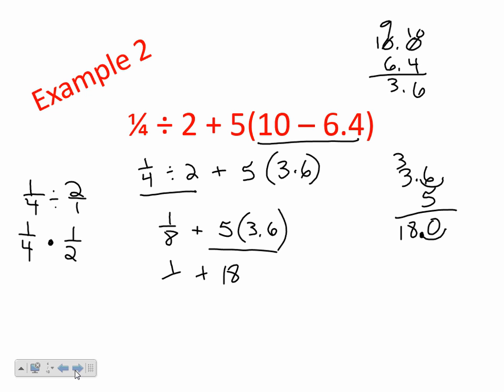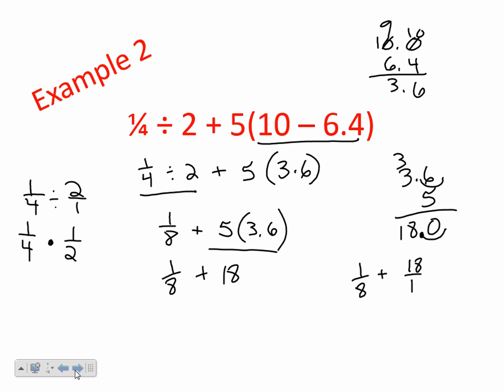Okay. So how do I now add 18 and 1/8? What do I need to do to 18 first? 18 over 1. And then to add fractions, we must have common denominators. It's much more fun if you say it really fun. Otherwise, it's just really bad and boring and common denominators, you know?